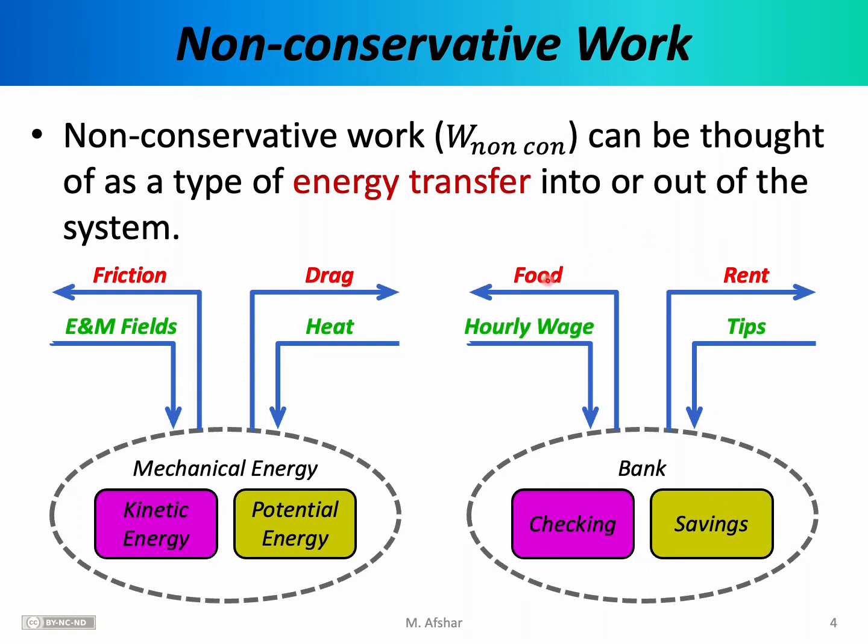So the rent and the food might be expenditures, and they represent sort of an output of money from your bank account. And then if you're working, your wages and your tips represent an input into your bank account. And so essentially the conservation of energy equation can be thought of as an accounting or a balancing of the number of joules that a system possesses. This analogy between mechanical energy and your bank is not very precise, but it's a nice picture to have because it will guide your thinking as you solve actual problems.